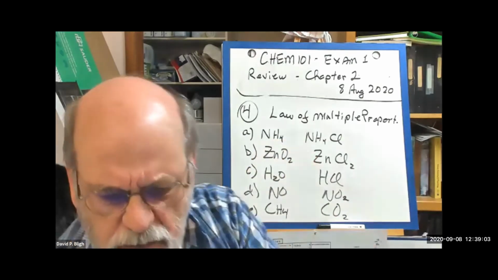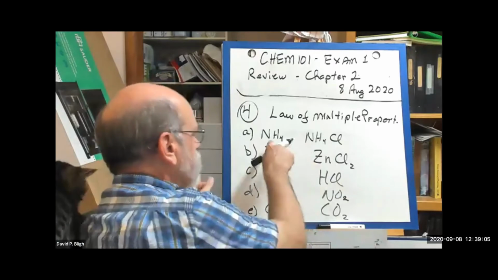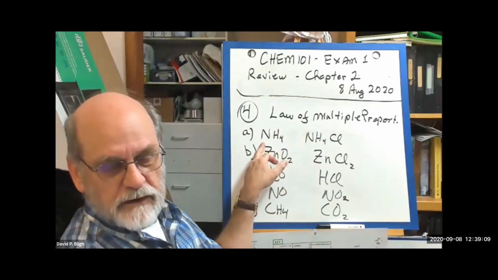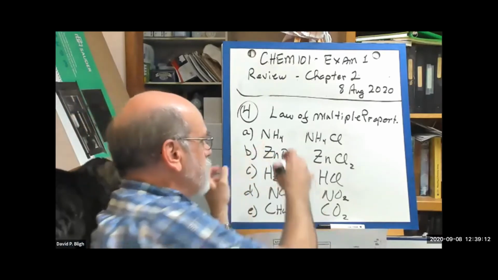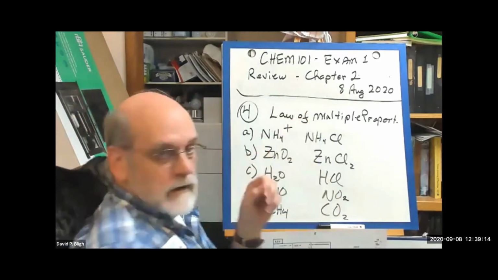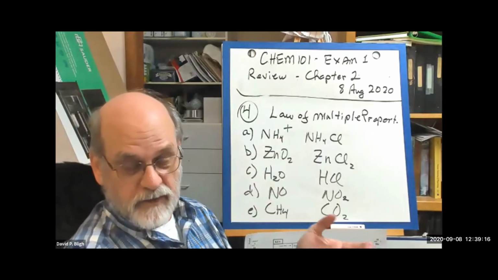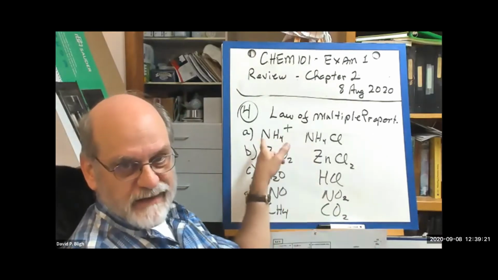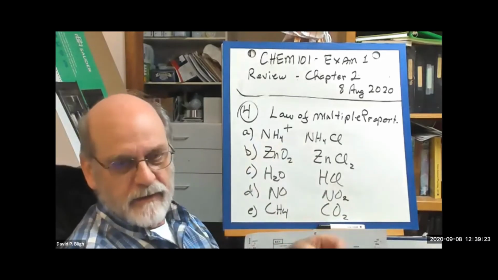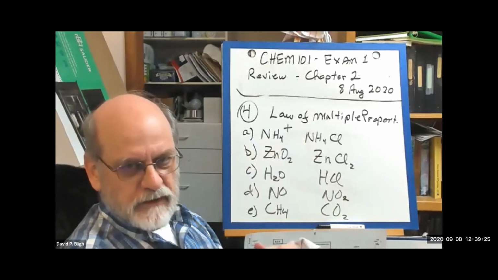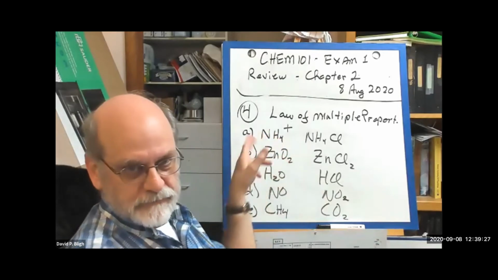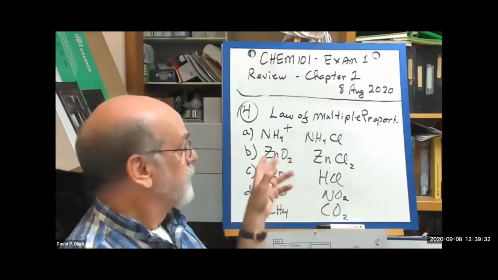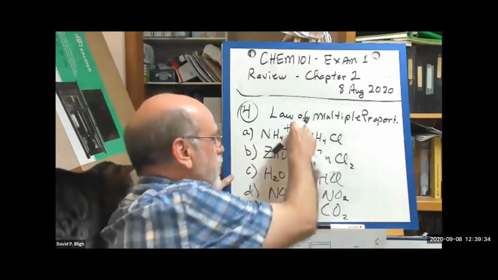Well, that's not even right. That's not even a compound. That doesn't exist. It would be ammonium ion. Remember, that's a polyatomic ion, and without that plus charge, that's not valid. It can't happen. And later on in the semester, you'll see how that's not possible, because we'll draw a certain type of diagram called a Lewis structure, and you'll see that that's not possible without a plus sign.